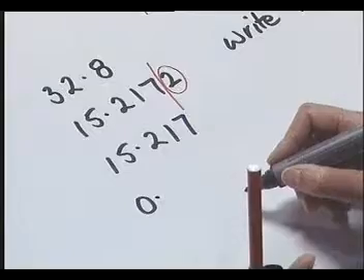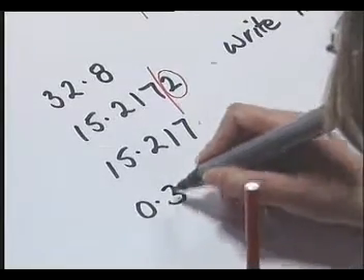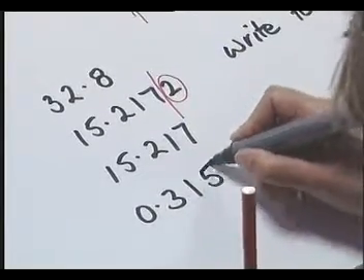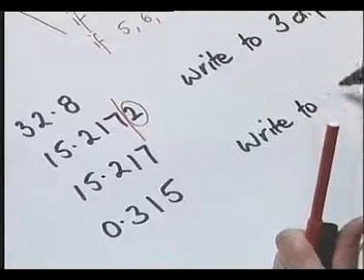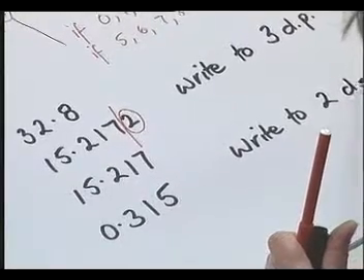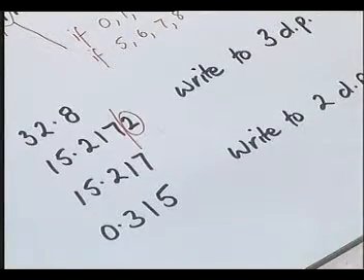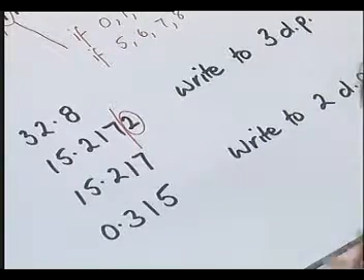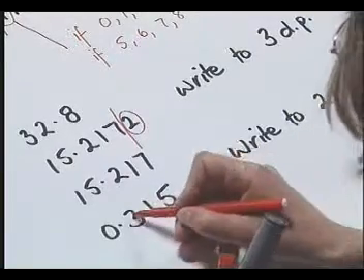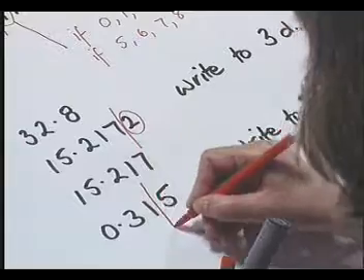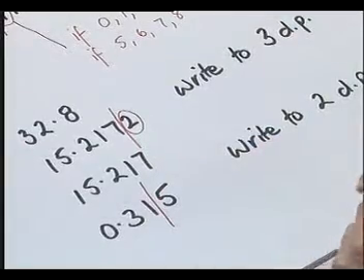A couple more examples. Let's have a look at 0.315. And this one we're going to write to 2 decimal places. So I need to put my line 2 decimal places, so it's between the second and the third.